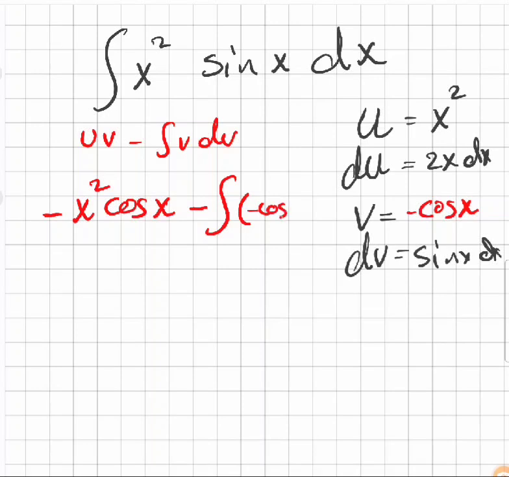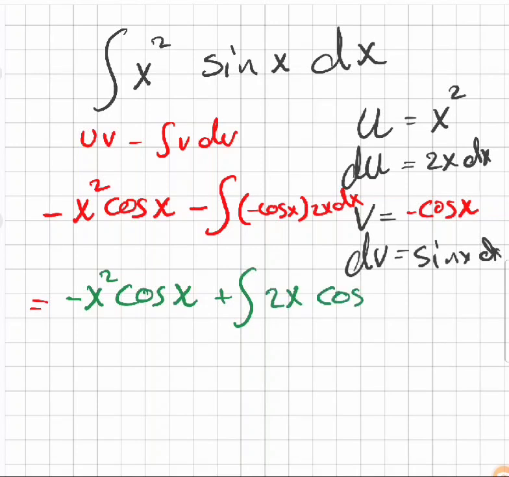So let's organize what we have. Negative x squared cosine x, and then these two negative signs will become positive, so positive the integral of 2x cosine x. We could take the 2 and move it to the front, so it's just going to be x cosine x.